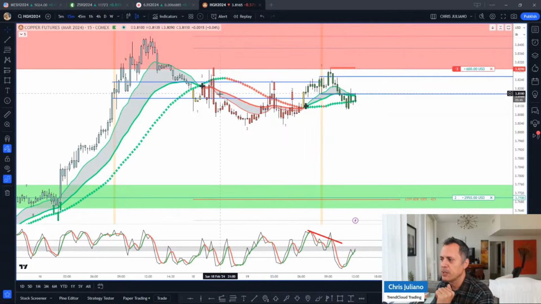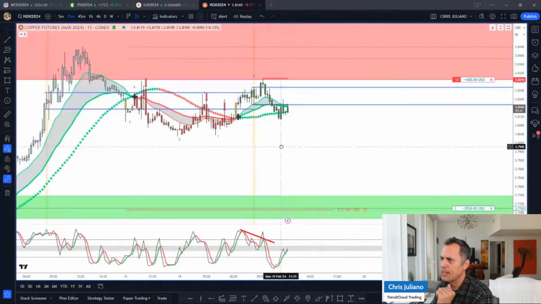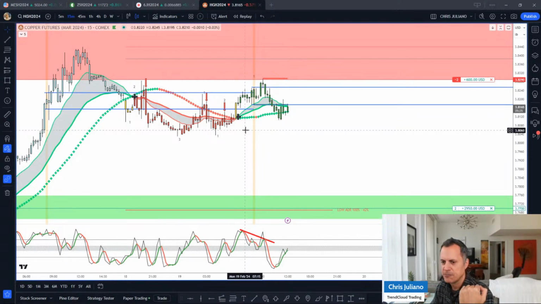So on this 5-minute chart, take a look at what happened today. Here's the opening range breakout to the upside, once again, hitting that high time frame supply zone. We would call that a bull trap, right? So a bull trap is where you've got a ton of momentum to the downside, but yet it's breaking out to the upside on the opening range. All right.